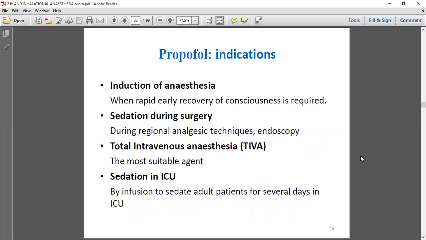Then sedation during surgery, during regional analgesic techniques like endoscopy. Total intravenous anesthesia, it is the most suitable agent for this. Then we have sedation in the ICU by infusion to sedate adult patients for several days in the ICU.